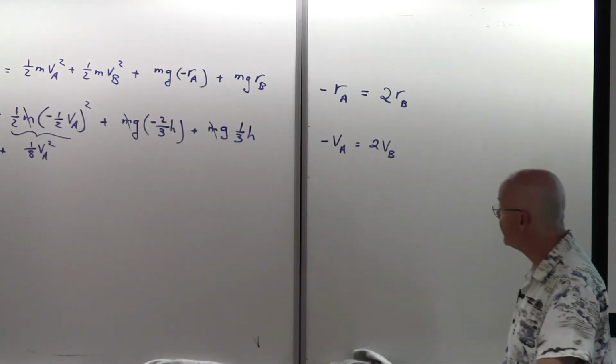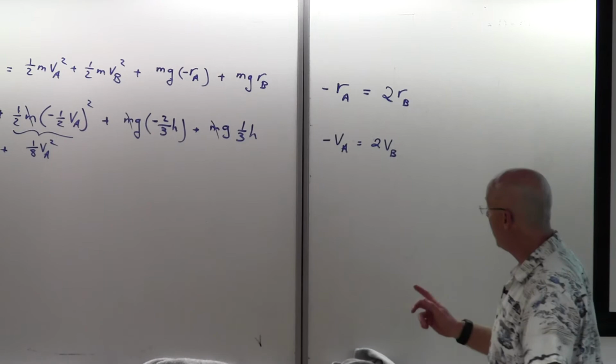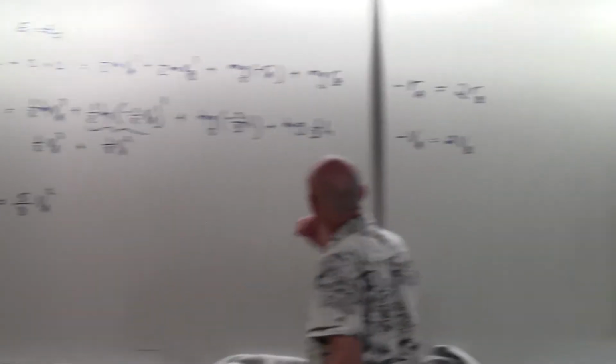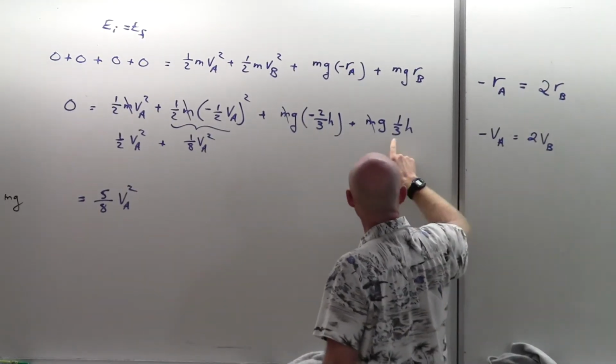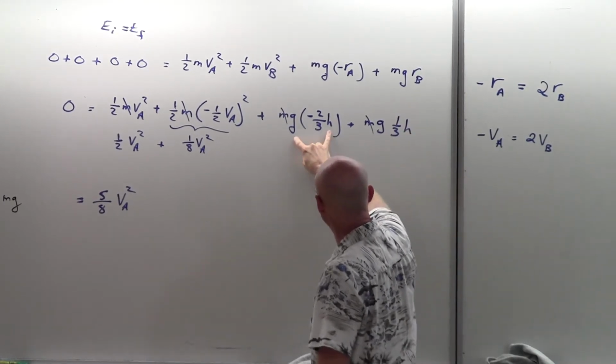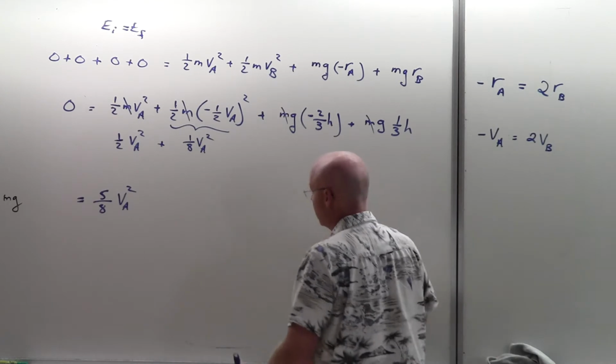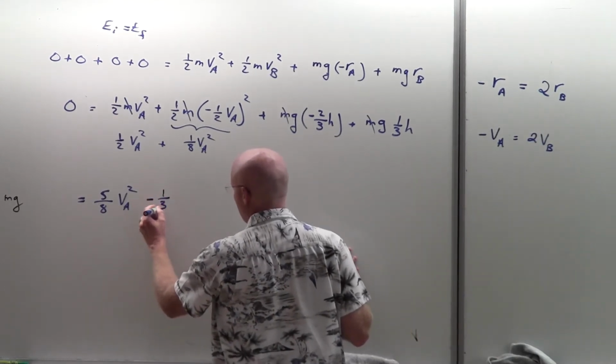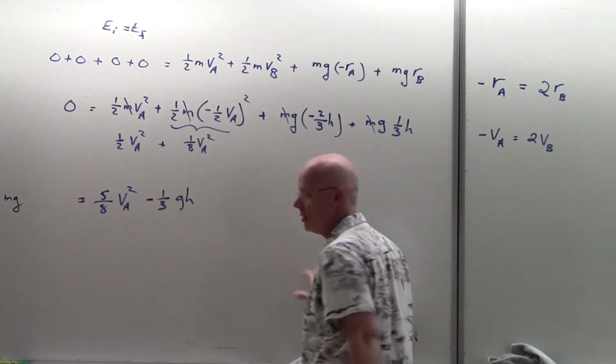All right. Coming over to here, I can combine this. Let's see, this is a 1/3 GH, and it's a like term with a GH here, but that's a negative 2/3. So I will put a negative 1/3 GH there.